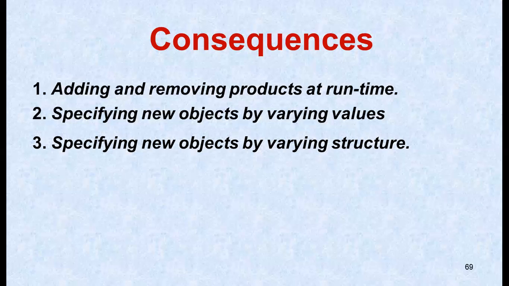We simply add this sub-circuit as a prototype to the palette of available circuit elements. As long as the composite circuit object implements clone as a deep copy, circuits with different structures can be prototypes. The fourth benefit is that it reduces subclassing.